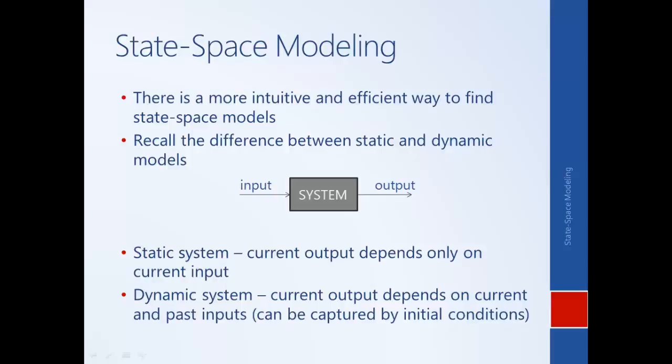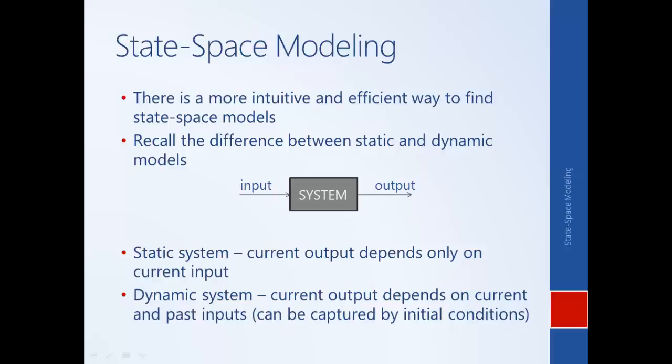That past sort of affects the current behavior of the system. And when I change the input to 5 volts, the output doesn't change instantaneously. It takes time to react. There's inertia. And so with a dynamic system, we can sort of define its state.